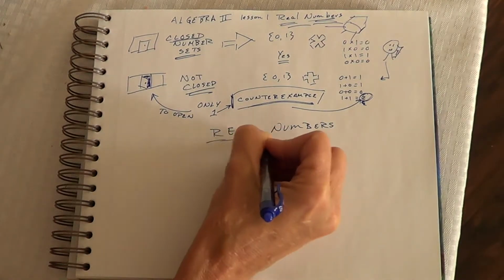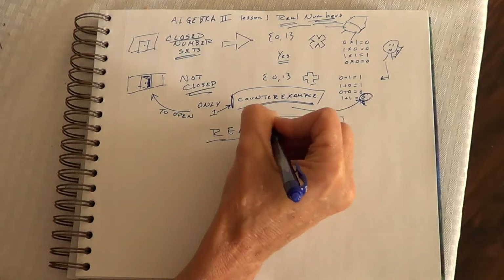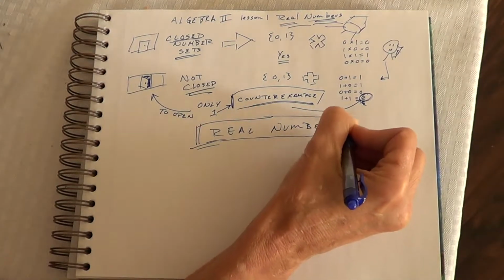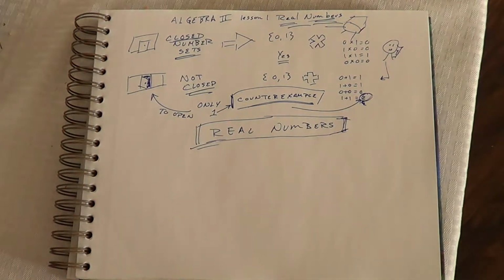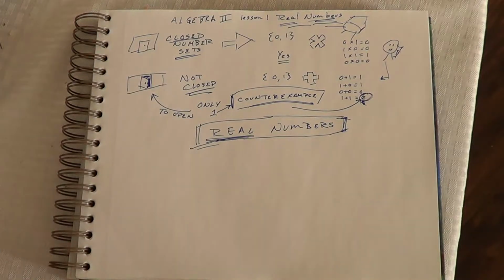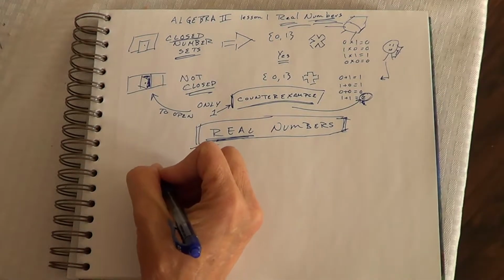If you were in an 8th grade class that possibly went into imaginary numbers, those are the ones that we won't be dealing with. We're looking at real numbers that we can actually manipulate.